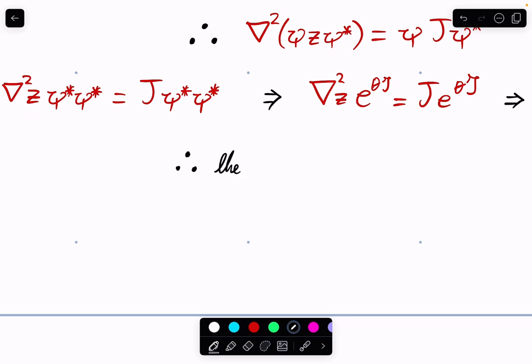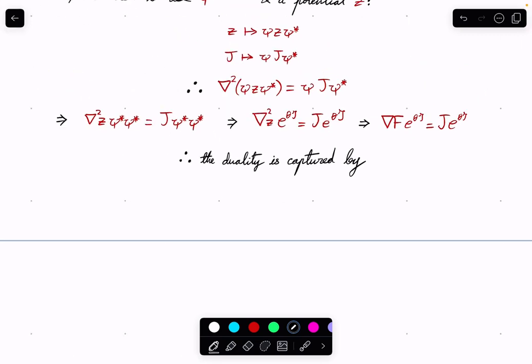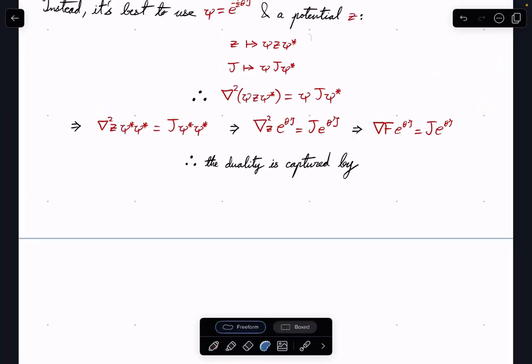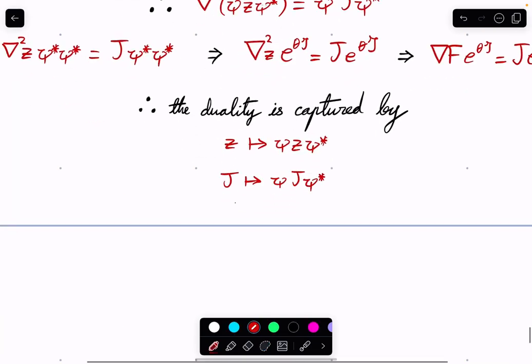Therefore, the duality is captured by these, and F maps to C F C star.